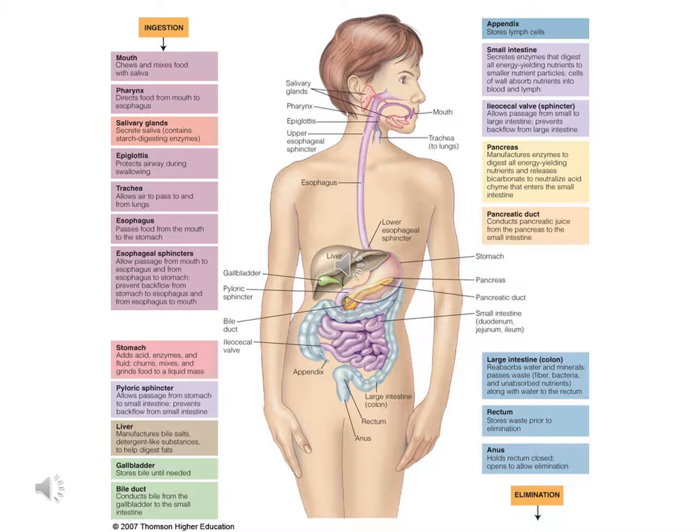Looking at this visual, which corresponds with figure 3-1 in your text, take a moment just to review the makeup of the GI tract, noticing the many organs, sphincters, as well as what we refer to as accessory organs that are involved in the digestive and absorptive process.